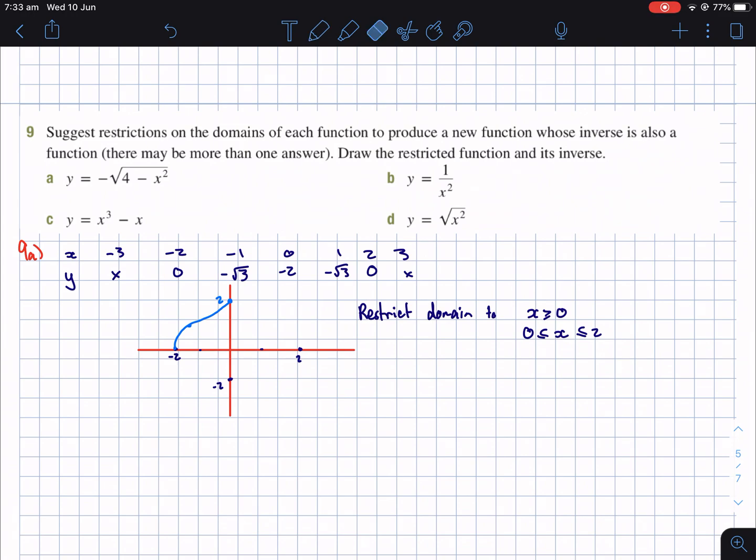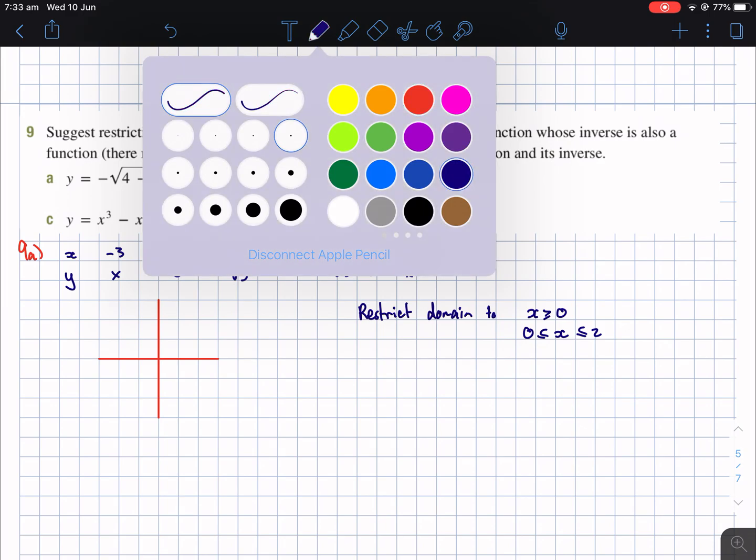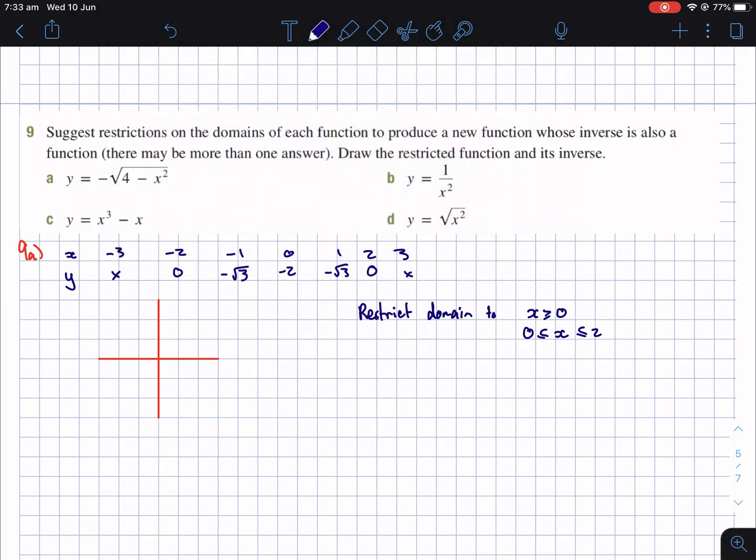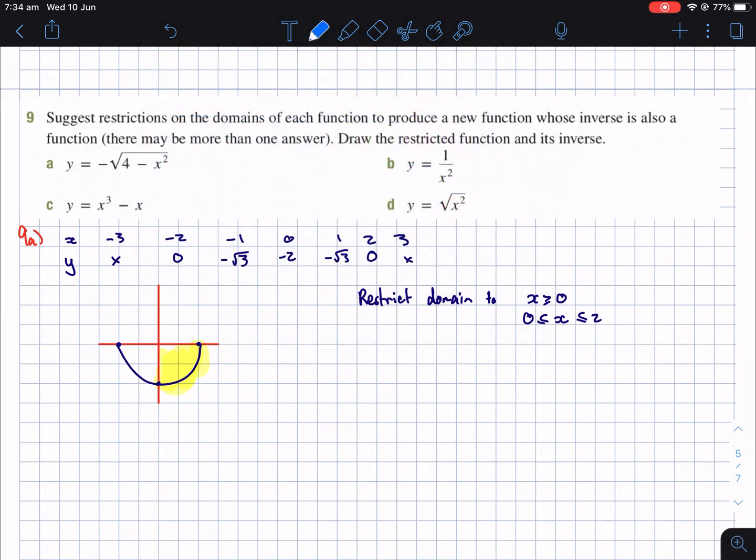Okay, let's do it to scale. Let's do a good job. So we've got zeros at -2 and +2, went down to here, and it was literally a semicircle. And we're just going to restrict our domain to this bit, which means our new one is going to look like that bit.